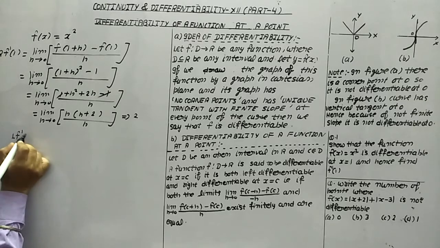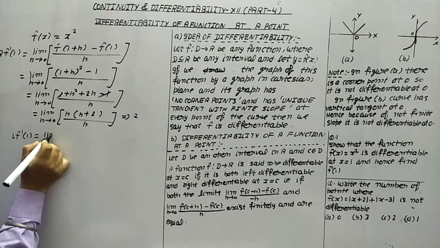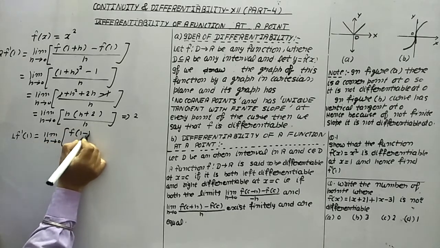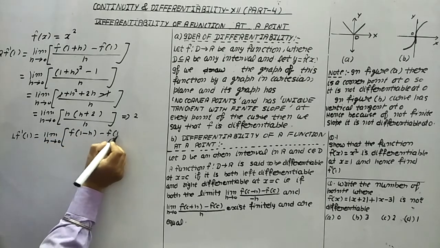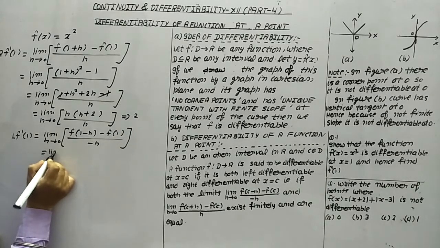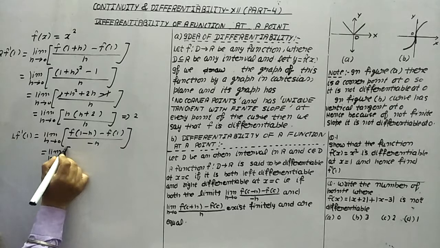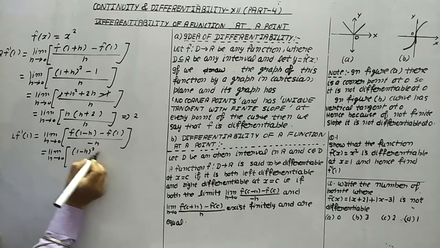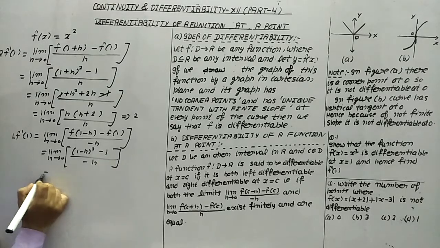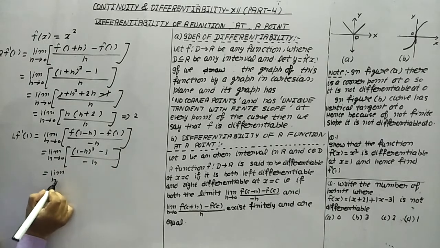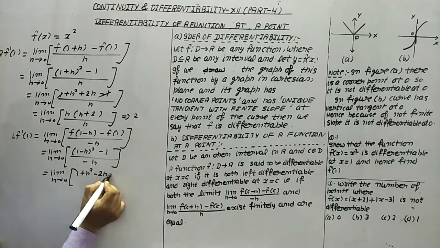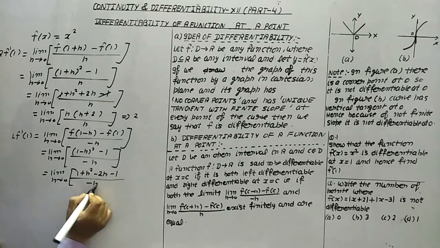Now the left hand derivative. Left hand derivative means limit h tends to 0 of f(1 minus h) minus f(1) upon minus h, which equals limit h tends to 0 of (1 minus h) whole square minus 1 upon minus h. Now open this identity: limit h tends to 0 of 1 plus h square minus 2h minus 1 upon minus h.